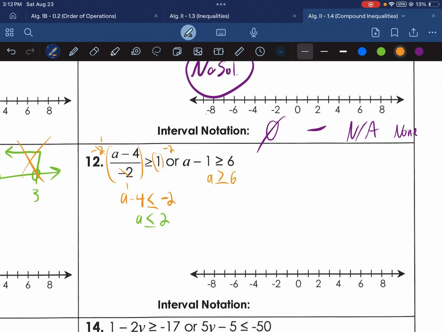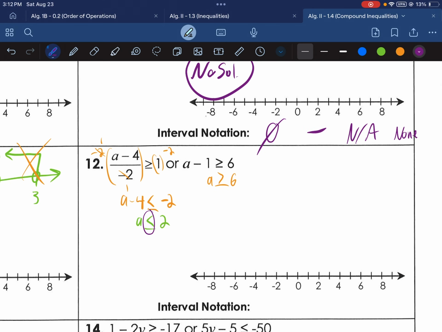And so now, as I notice, these inequality symbols are opposite each other, so that either means it's going to be an impossible graph or it's going to be just a regular OR graph. So let's do a rough draft and check. The 2 would go to the left, the 6 goes to the right, and it is in fact just a normal graph, which is nice.